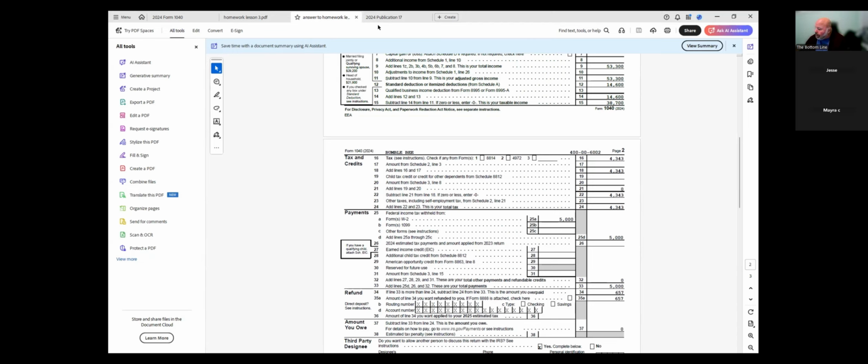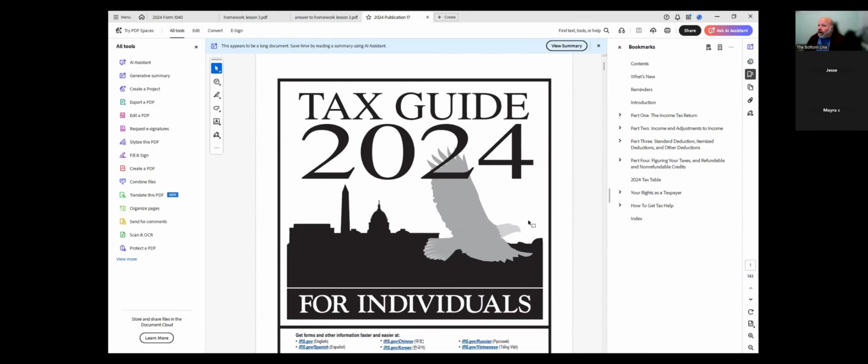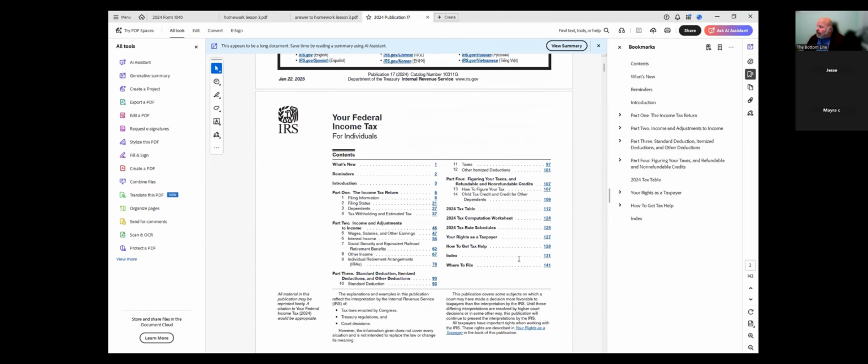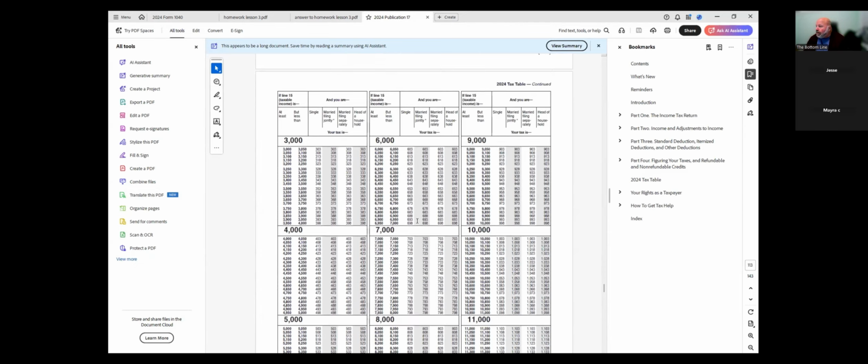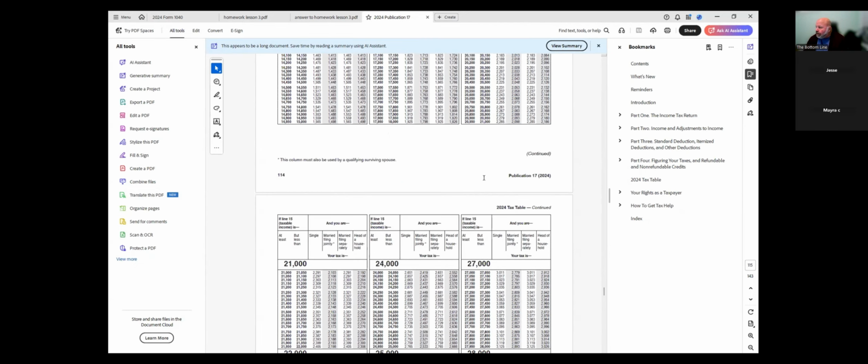So his income was 38,700. We're going to go to our Pub 17, and then we're going to look for the tax table. That's on page 112. We're going to go through this tax table and find 38,700.